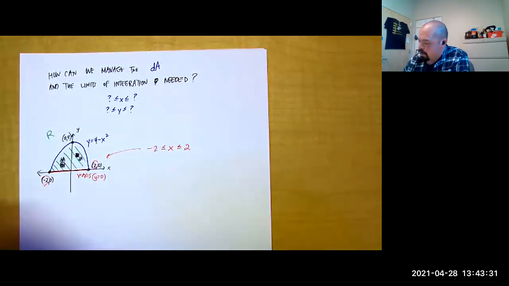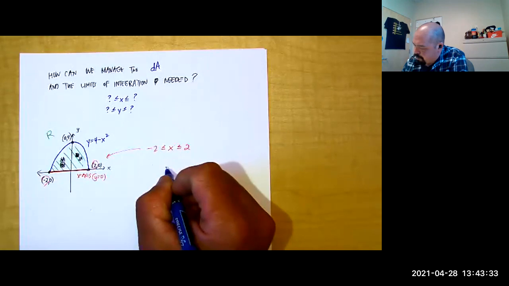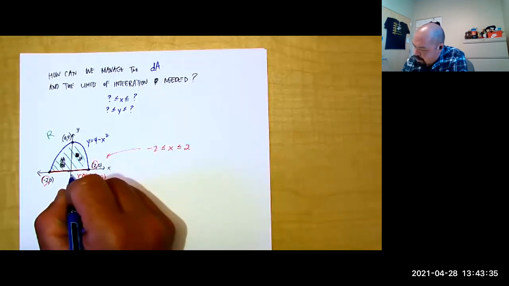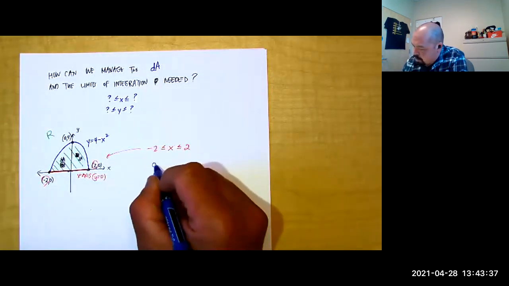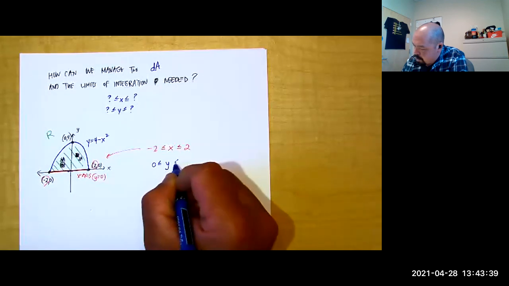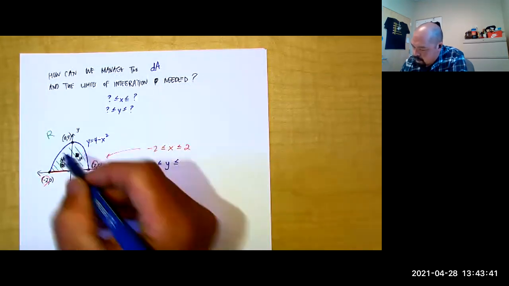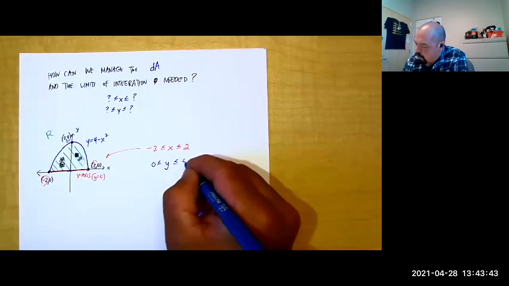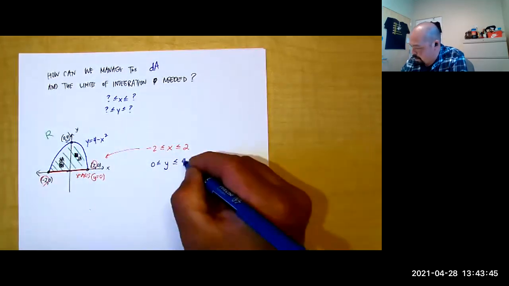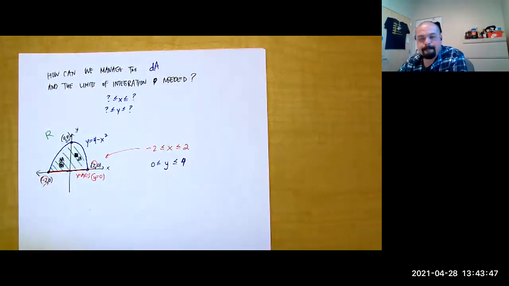So we might start to think, okay, with that, there's my y equals 0, and the biggest value was 4. Well, here we run into some trouble.